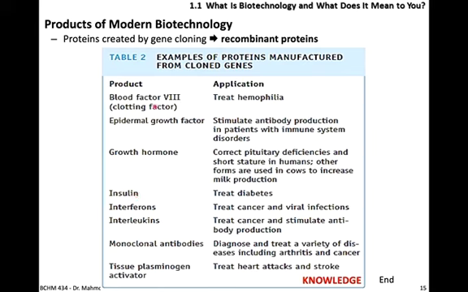They managed as well to make blood factor 7, which is a clotting factor used to treat hemophilia. They also developed one of the very important recombinant proteins, the monoclonal antibodies. These monoclonal antibodies are now used for treatment of a variety of diseases, including cancer and inflammatory or autoimmune diseases like arthritis. So these are examples of the recombinant proteins that have been developed and their applications.